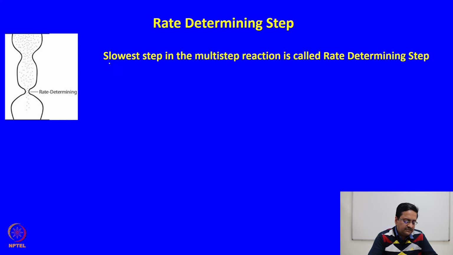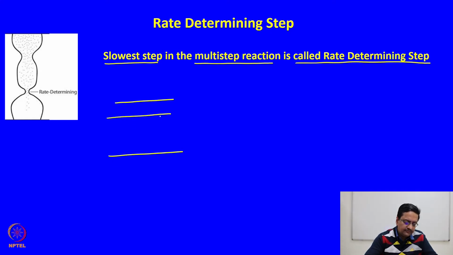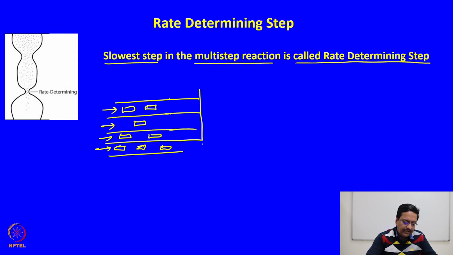Now, you may be asking, what does this rate determining step mean? The rate determining step of a chemical reaction in a multi-step reaction is the slowest step of that reaction. We can give two examples. One example is, suppose you have a large 4-lane highway and lots of cars are traveling at enormously large speed on this 4-lane highway, and this highway leads to a river bank.